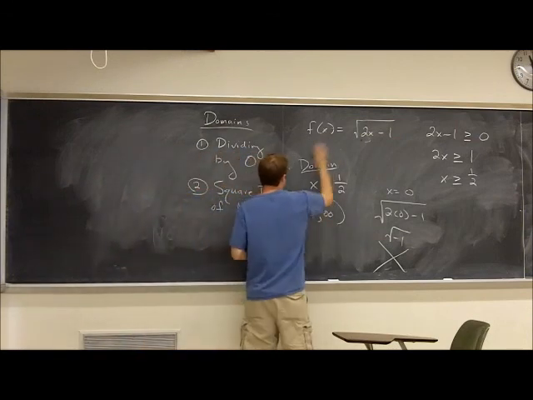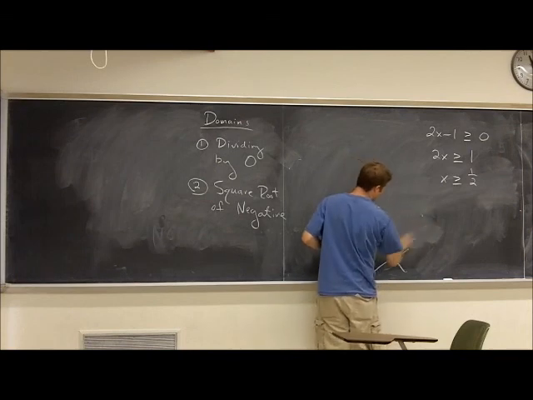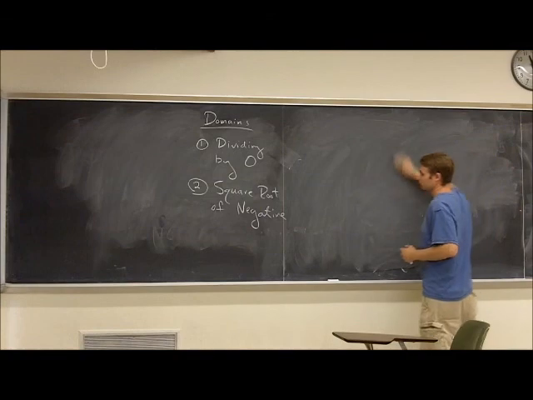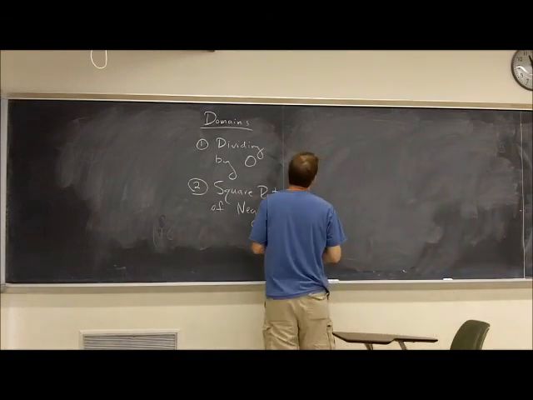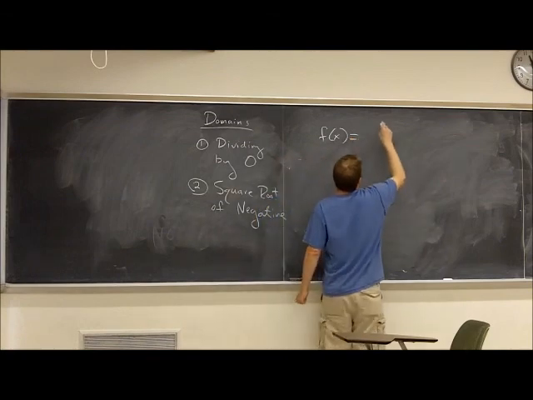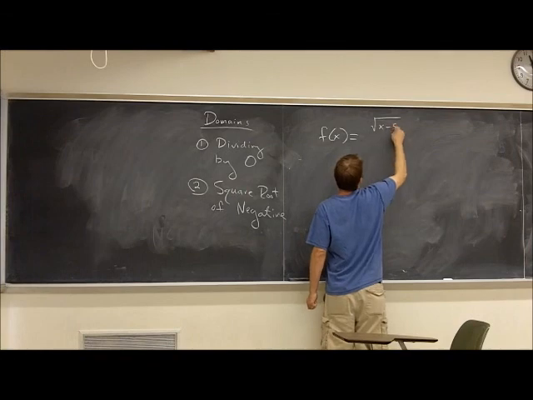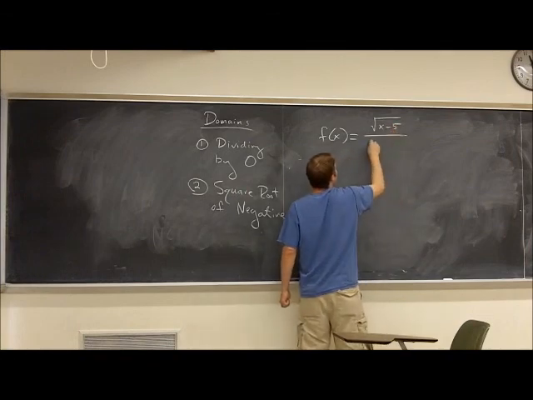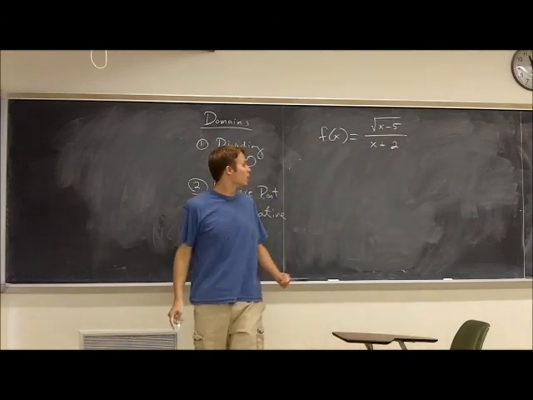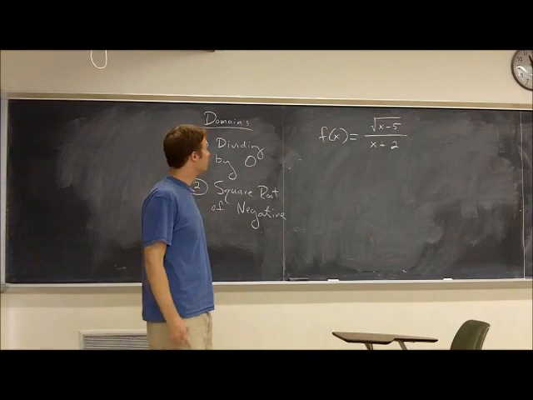So I can take both of these ideas and combine them into a larger function. So for example, a function like this: the square root of x minus 5 divided by x plus 2.